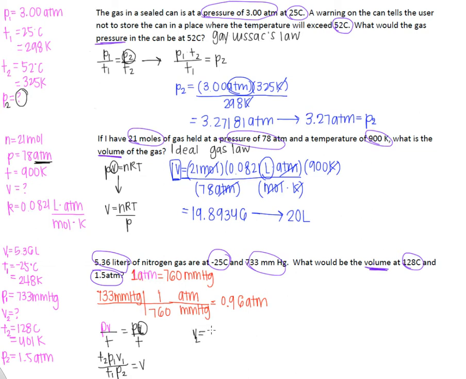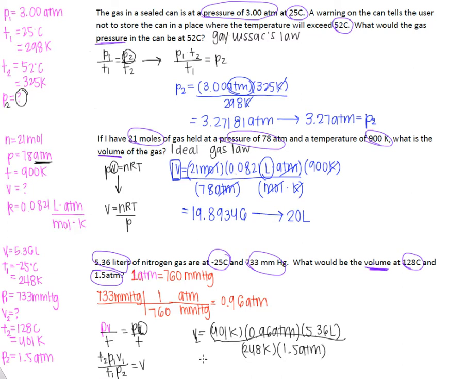Plug all of that in. V2 is equal to T2, which is 401 K, P1, which is now 0.96 ATM, V1, which is equal to 5.36 liters, all over T1, which is 248 K, times P2, which is 1.5 ATM.